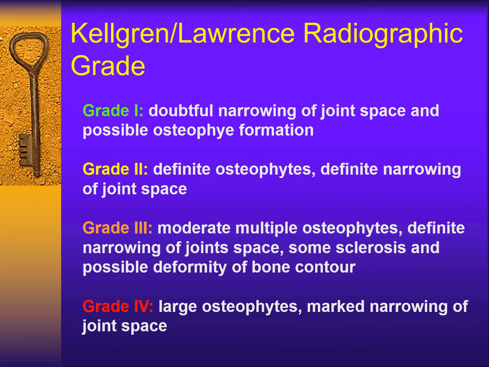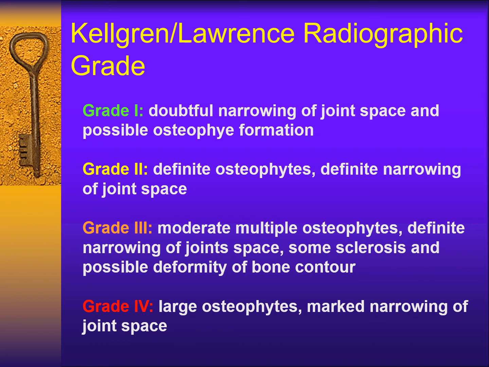The Kellgren and Lawrence radiographic grading scale is typically used by radiologists and researchers to classify individuals according to the amount of radiographic change that they have. For example, grade 1 would be very minimal or doubtful narrowing of the joint space, and there may be some subtle osteophyte formation.